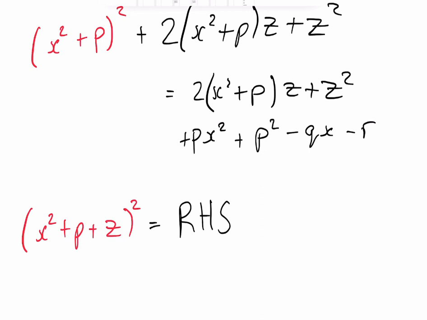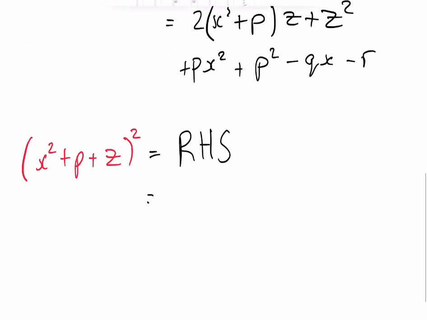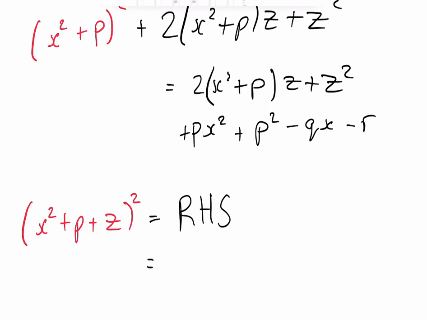And what we're going to do now is factorise the right-hand side in order to make it a quadratic equation. And so I will say that that is equal to p plus 2z, x squared minus qx.